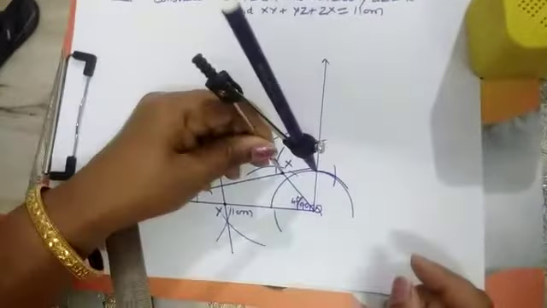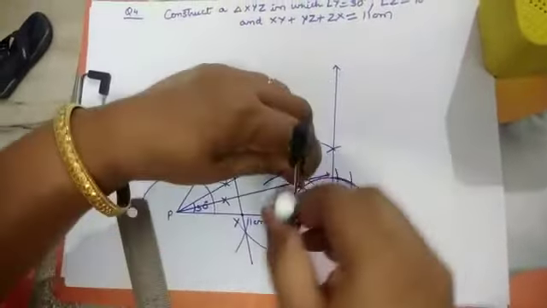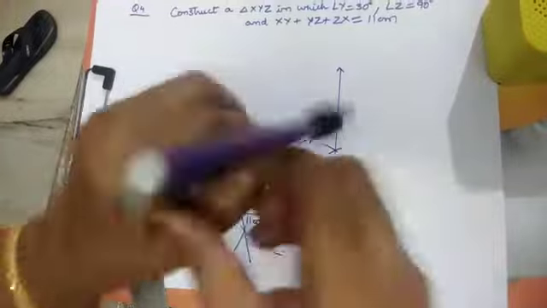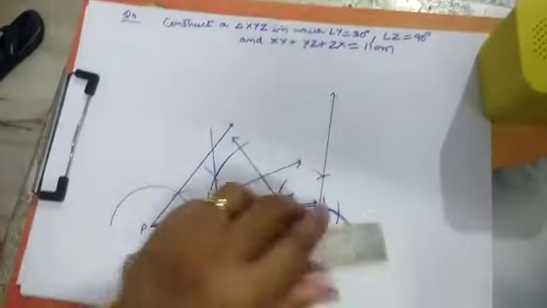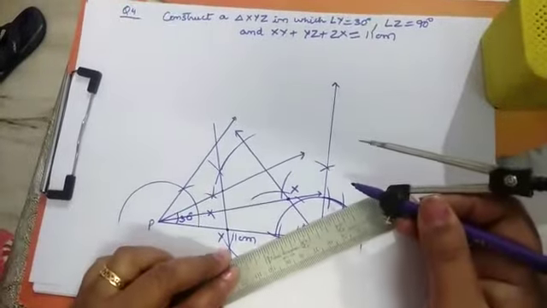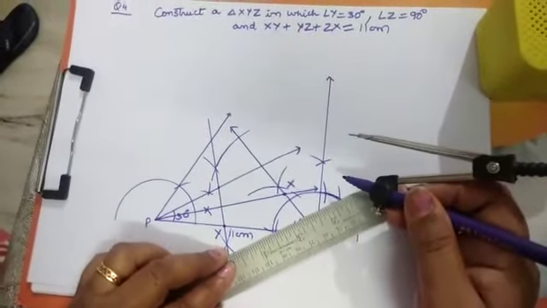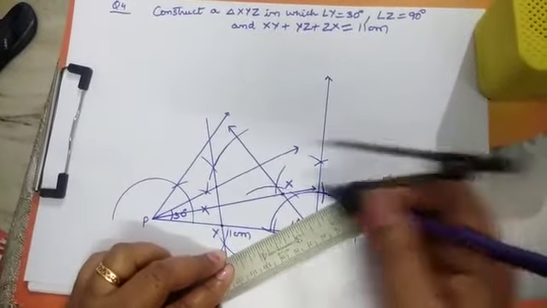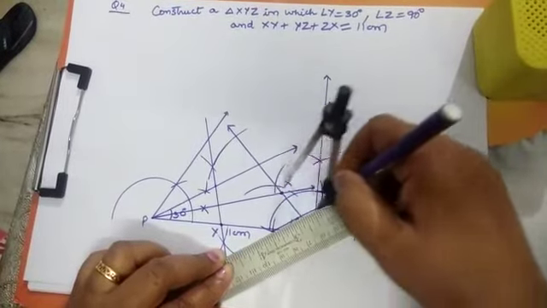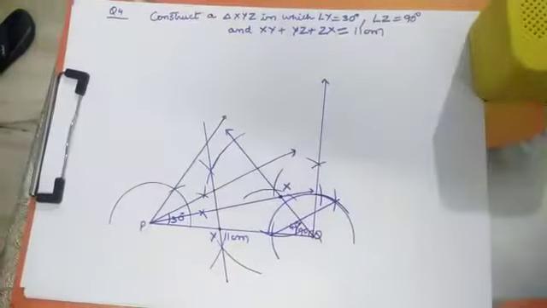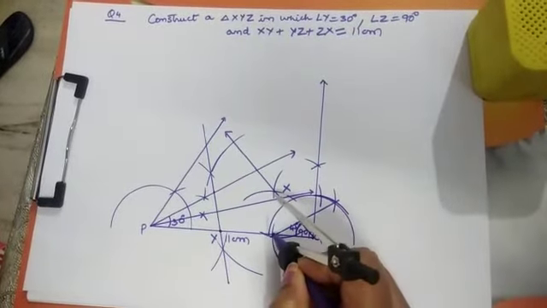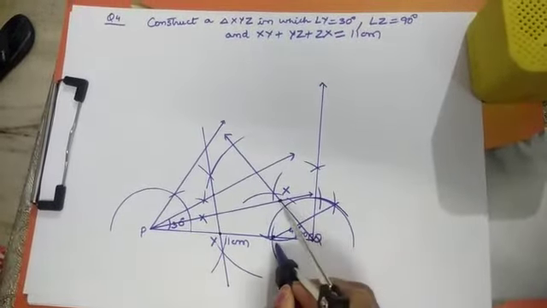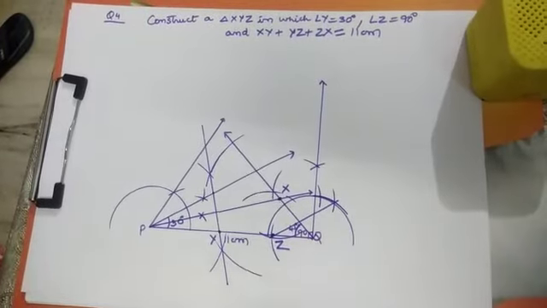One arc is here. Cut this arc. So I have to join this. Now wherever it is cutting or intersecting this line PQ, name it as Z.